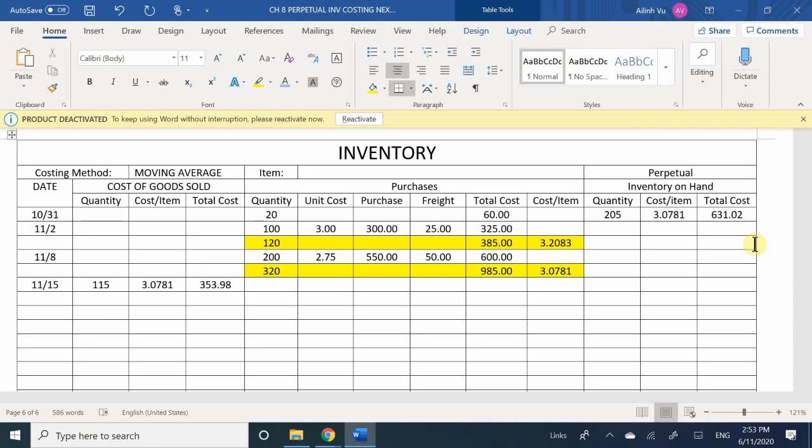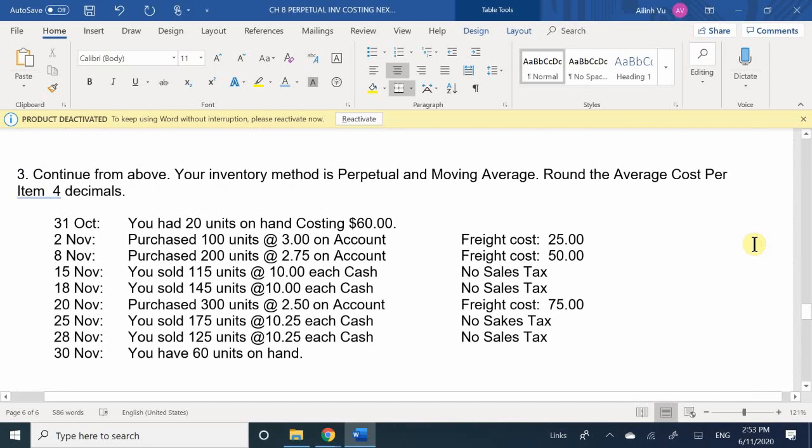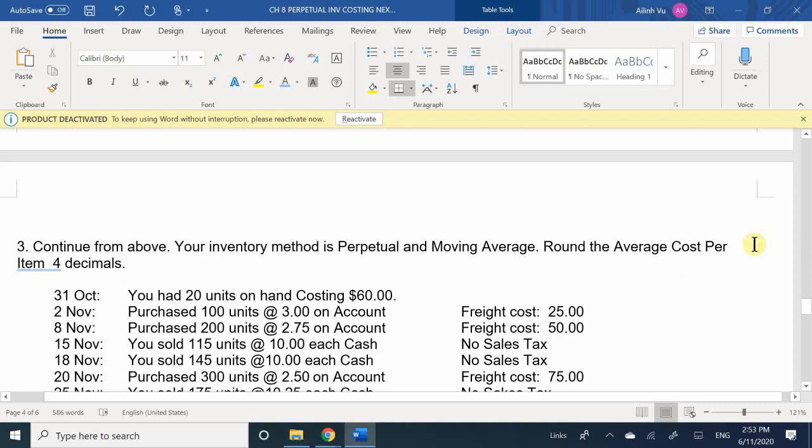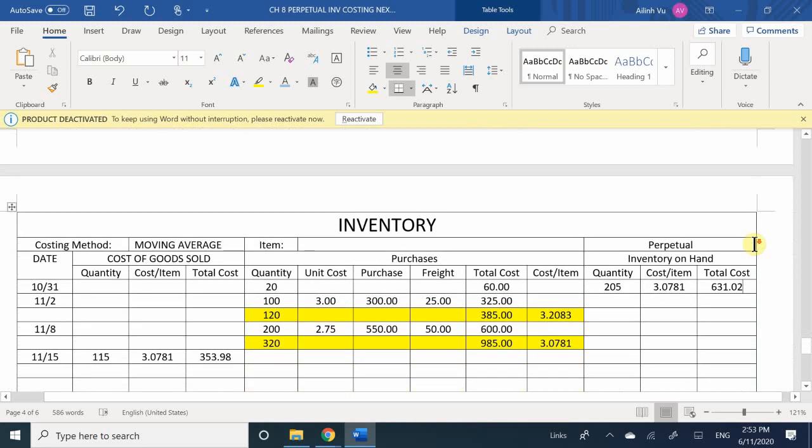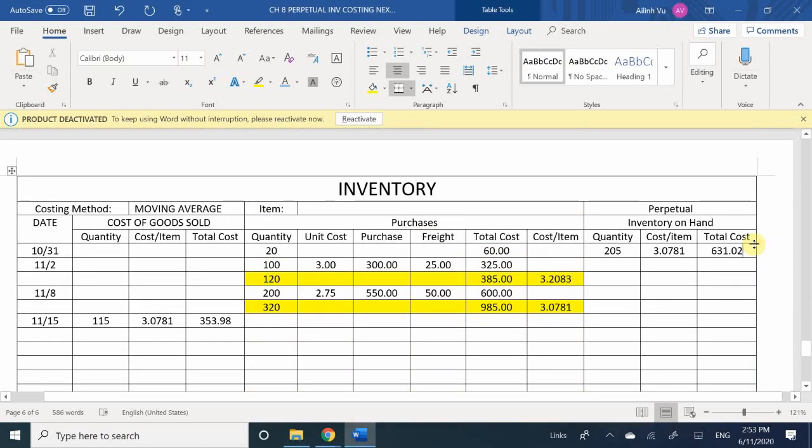No, because we do 4 decimal places over here and 2 on the other side. For this one, we're going to keep it at 2. I said to round your average cost per item to 4 decimal points. In reality, you are not going to have a thousandth of a penny. No one's going to give you a thousandth of a penny.